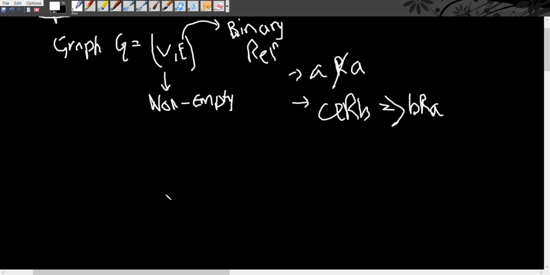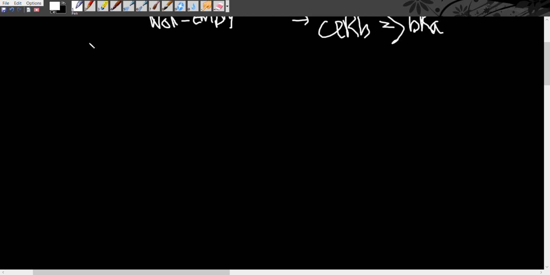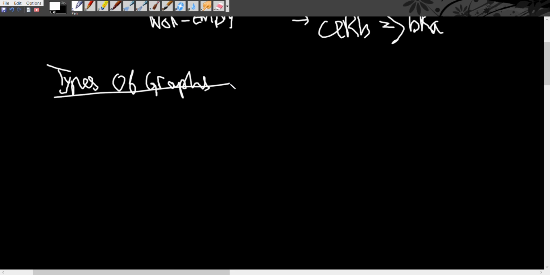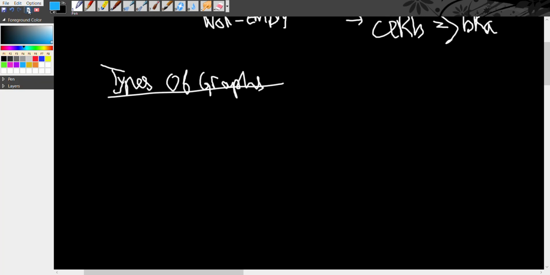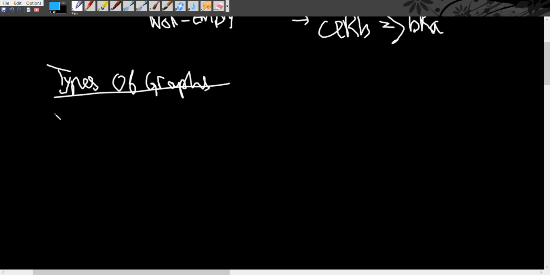Now we'll move on to some types of graphs. The first one is a trivial graph.